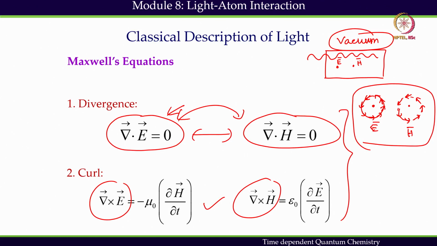Furthermore, what we see is that a time varying magnetic field is producing an electric field, and a time varying electric field is producing a magnetic field.